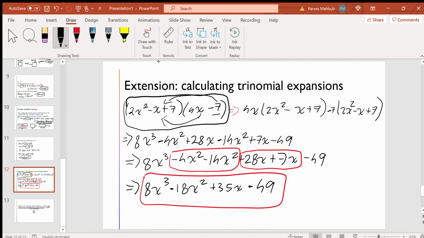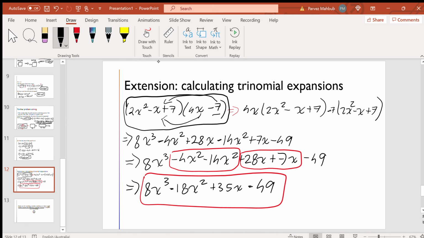And that becomes 4x times 2x squared minus x plus 7, minus 7 times 2x squared minus x plus 7. And if we expand this, we get 8x cubed minus 4x squared plus 28x minus 14x squared plus 7x minus 49. This is complicated, but it is easier to simplify if we group the like terms together.